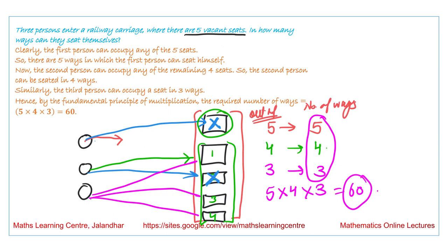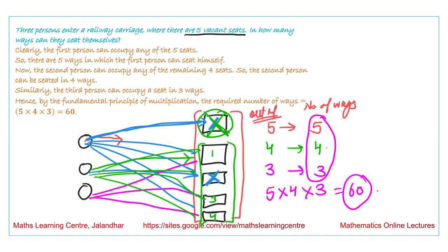How can we represent this? Corresponding to the first person, there are 1, 2, 3, 4 and 5 options. Now suppose he sits on this seat, then for the second person we have 1, 2, 3 and 4 options. This is one case.